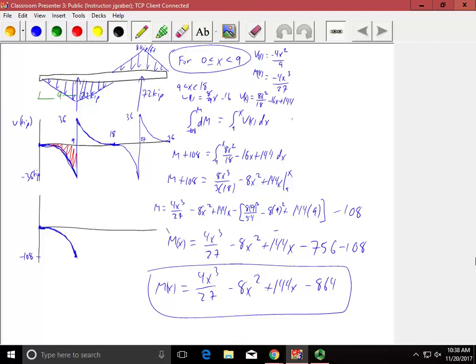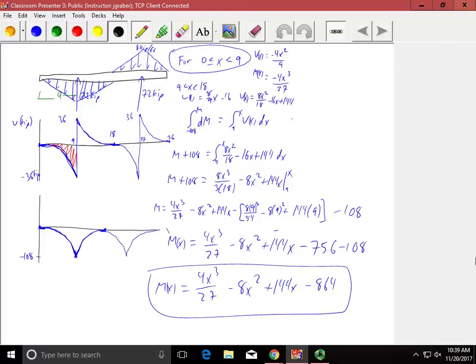So if we plug in 18, we get 4 times 18 cubed divided by 27... zero. What a surprise. So then we can plot it and we can say, well, we're going to start at negative 108. We're going to have a slope of positive 36, which is going up like that. We're going to end at a slope of 0. Then it just repeats.